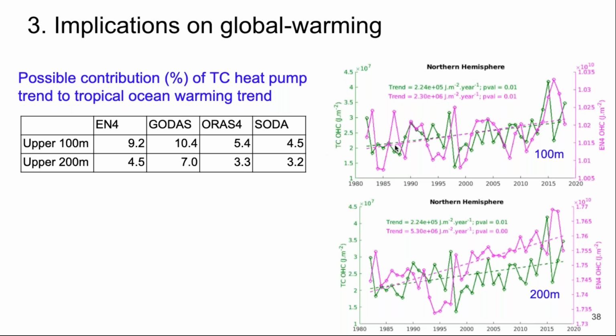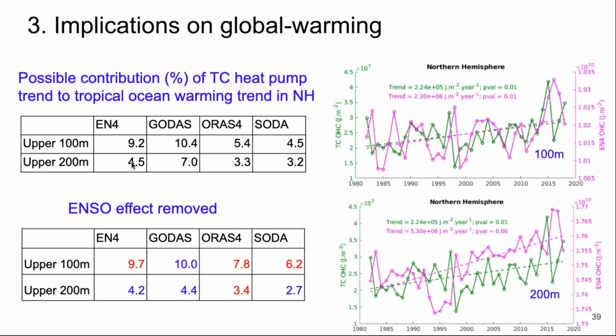And if we look at this, we can also see there are periods when the ocean heat content is closely related to ENSO. So we also want to remove the ENSO effect to see how the relative contribution will change.